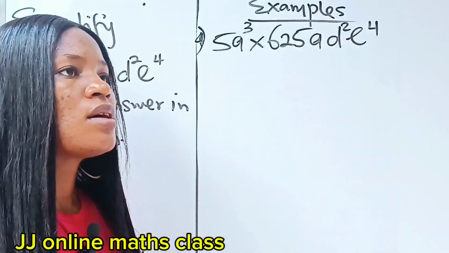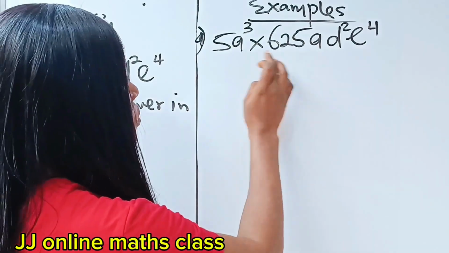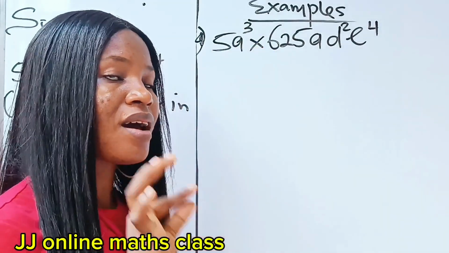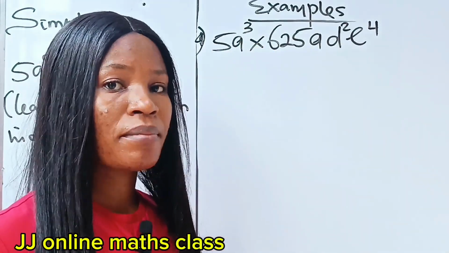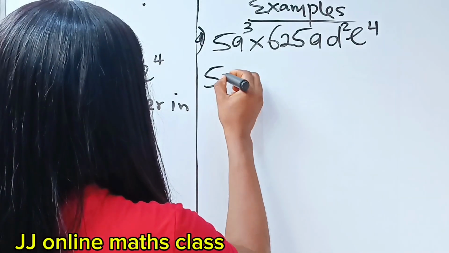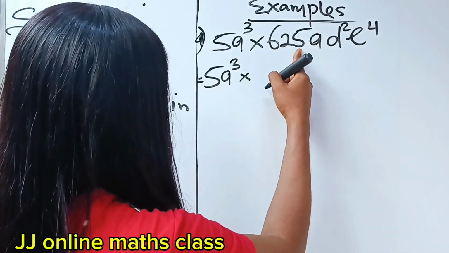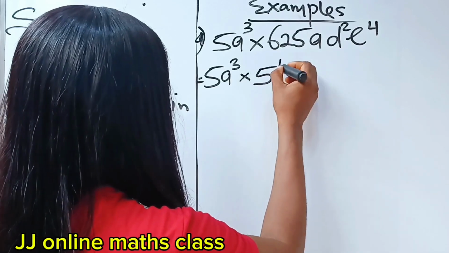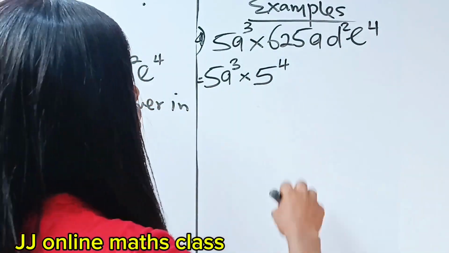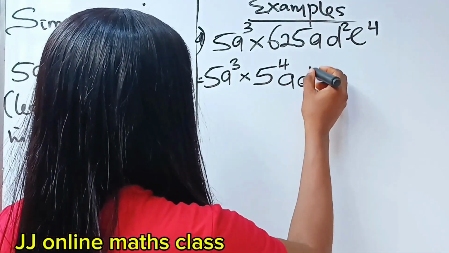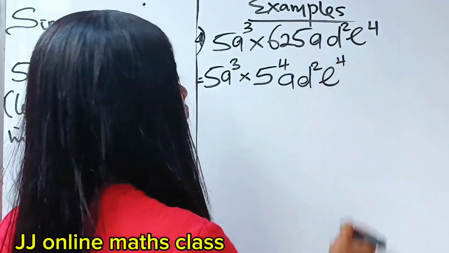All right, now first of all we need to put them in the same base. Recall what I said. Ensure you put your numbers in the same base. So we have 5a to the power of 3, multiplied by 625, which is the same thing as 5 raised to the power of 4. So we have a, we have d to the power of 2 and e to the power of 4.